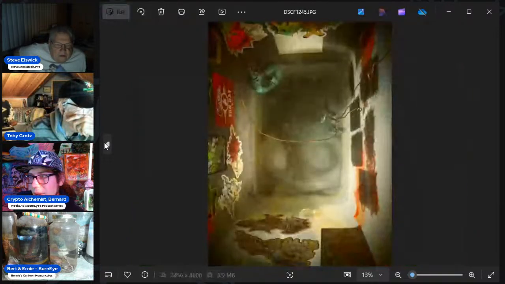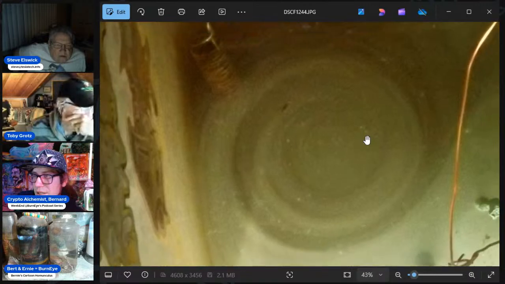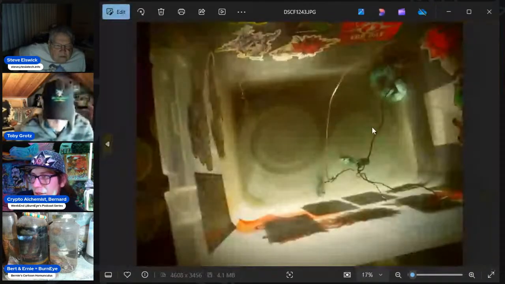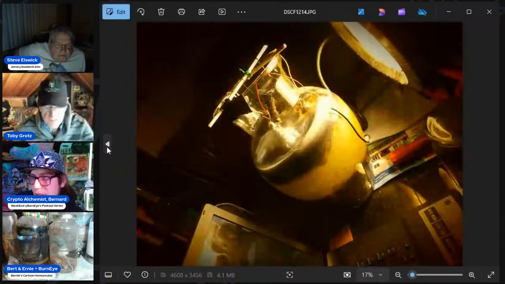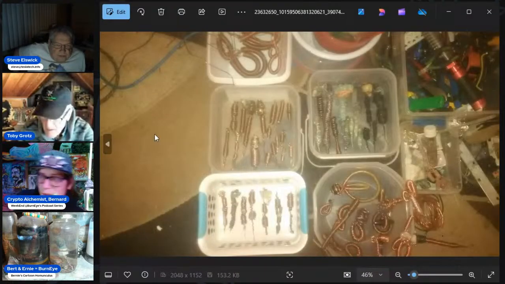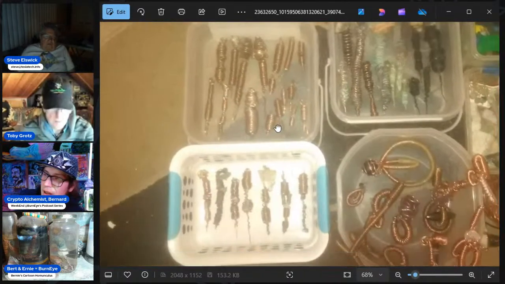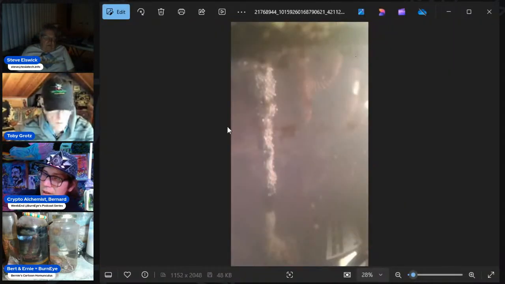And wrong way. Here's another one of the self-organization of these monoatomic materials. They do that with lots of the different coils, anodes, and cathodes that I've made and used.